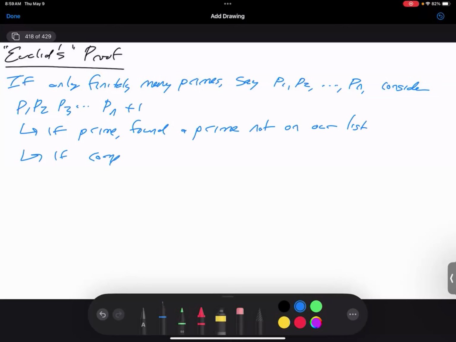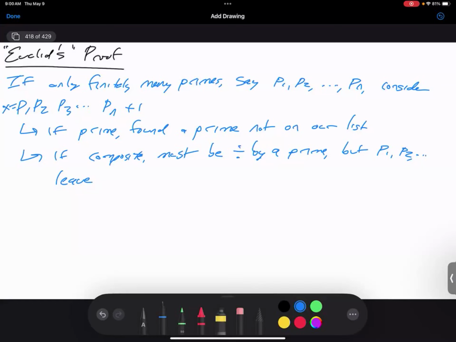If composite, it must be divisible by a prime, but P1, P2, ... leave what remainder when you divide by them? So if I divide this number by P1, what's the remainder? So if I divide x by P1, x is the product of the primes plus 1, what would be the remainder?